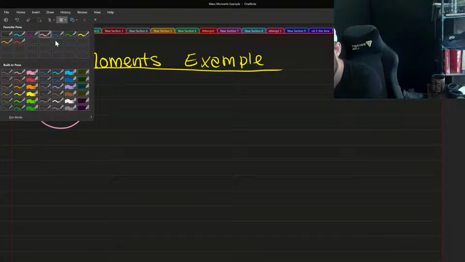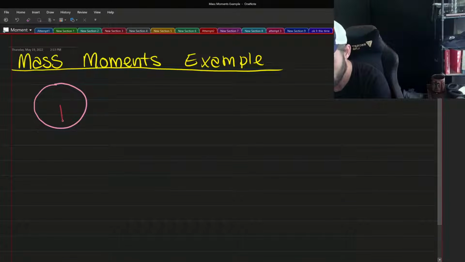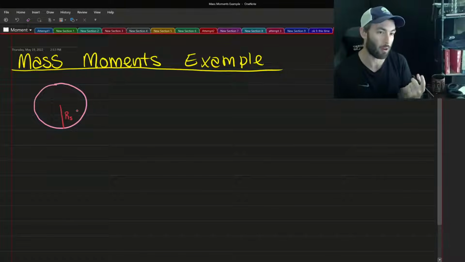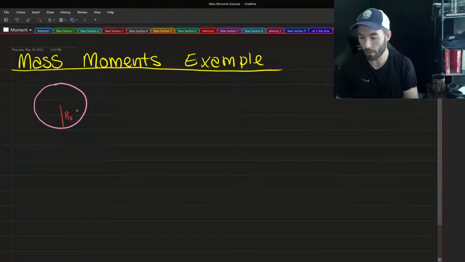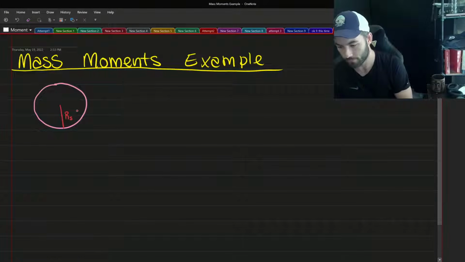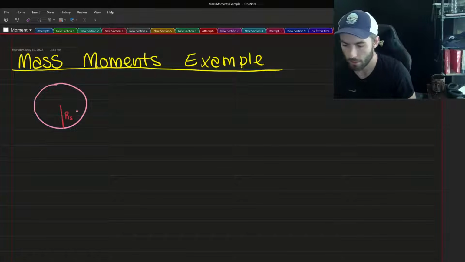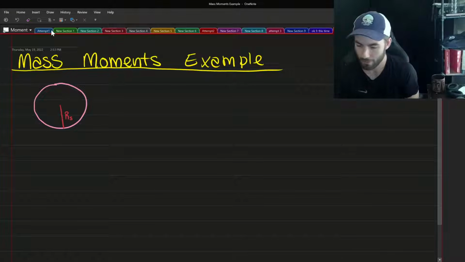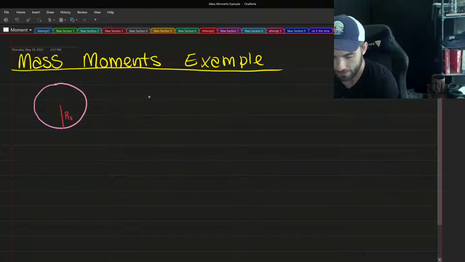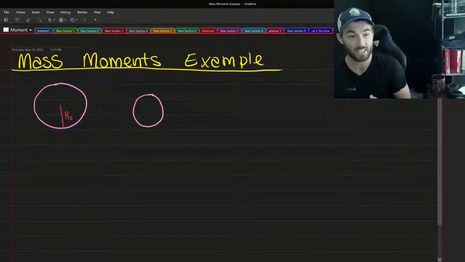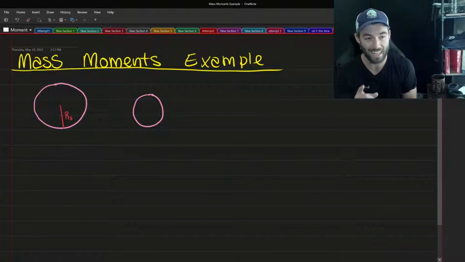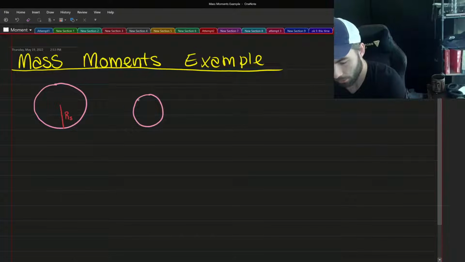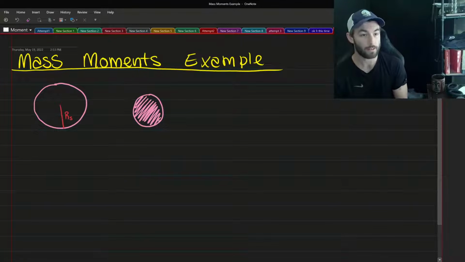We'll say that the radius of that sphere is RS, the radius of the spherical shell. Then we're going to calculate moments of inertia for that and compare it against the moment of inertia of a smaller sphere of the same mass, where all of that mass is spread uniformly throughout the sphere.